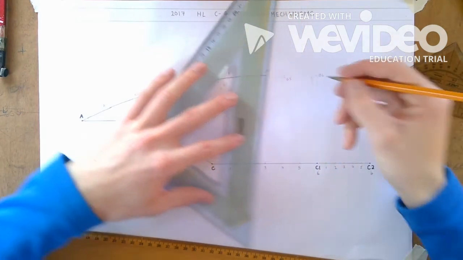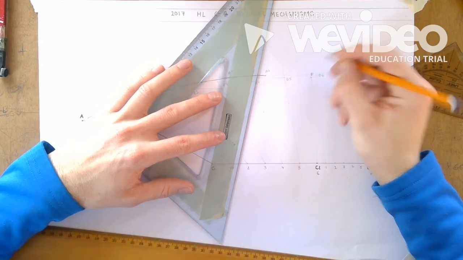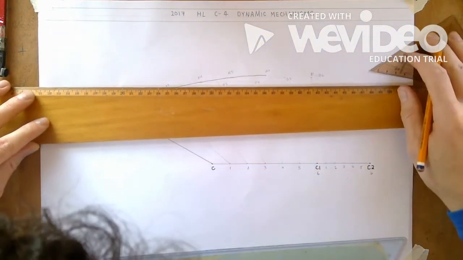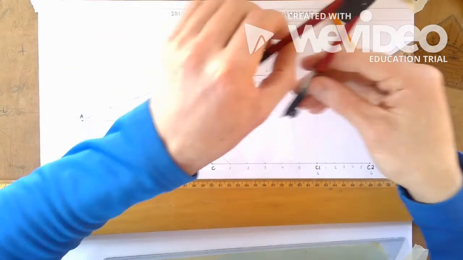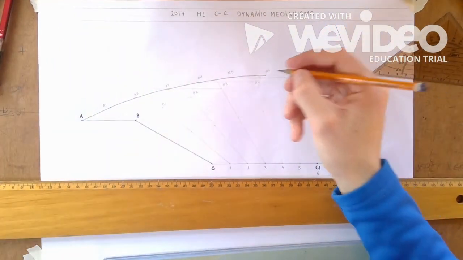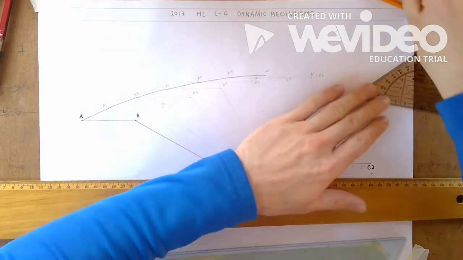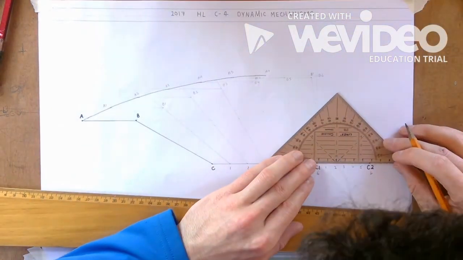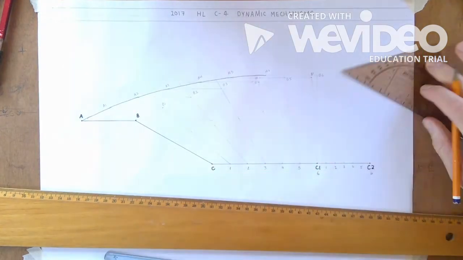Mark B1. And then draw out a horizontal line. So on this line is going to be our point. That's going to be point A1. So our next angle is going to be 70 degrees from point 2. So at point 2, mark 70 degrees.